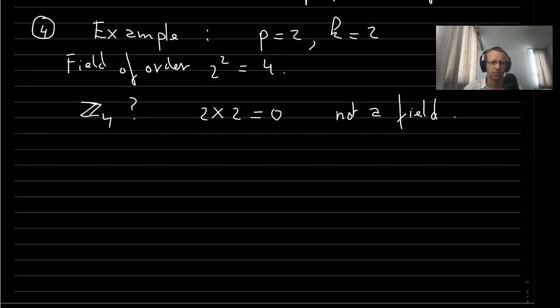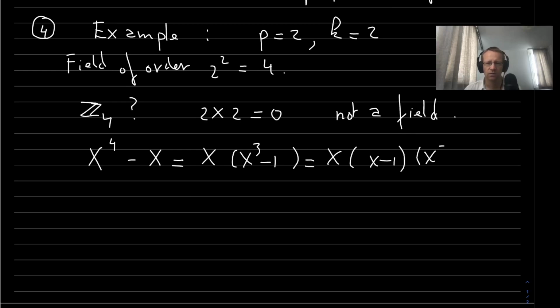But let's apply the construction above. We should think about roots of x to the 4 minus x, which is nothing but x times x to the third minus 1, which is x times x minus 1 times x squared plus x plus 1.